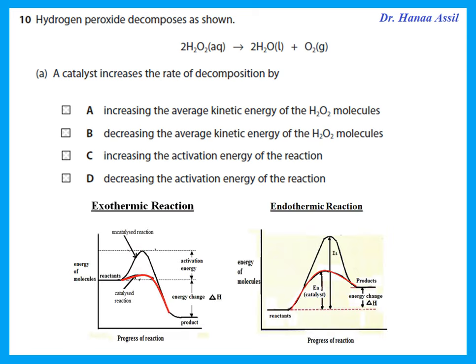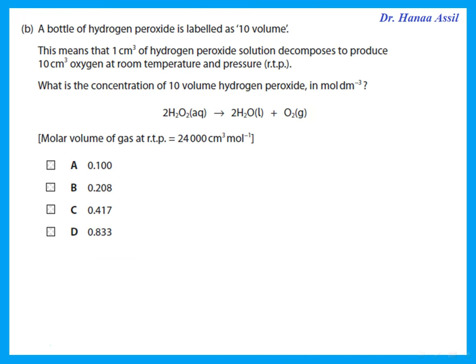You should remember, whether we're talking about exothermic or endothermic reactions, activation energy is the difference in energy between reactants and the top. So without a catalyst, you have higher activation energy. And what does the catalyst do? It decreases the activation energy, so it makes the reaction easier to proceed.